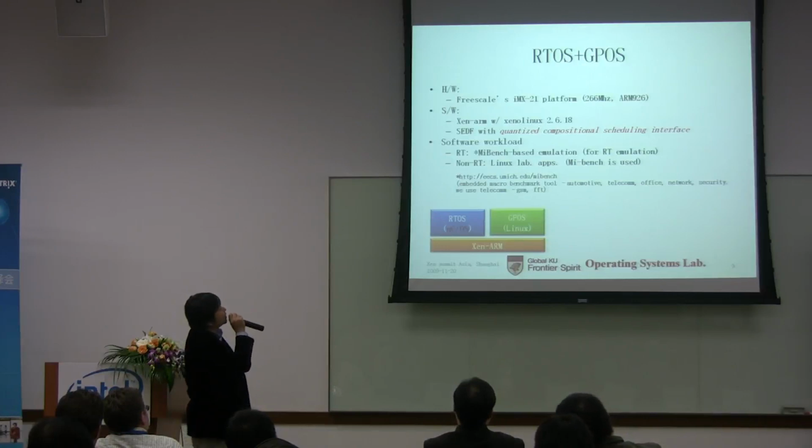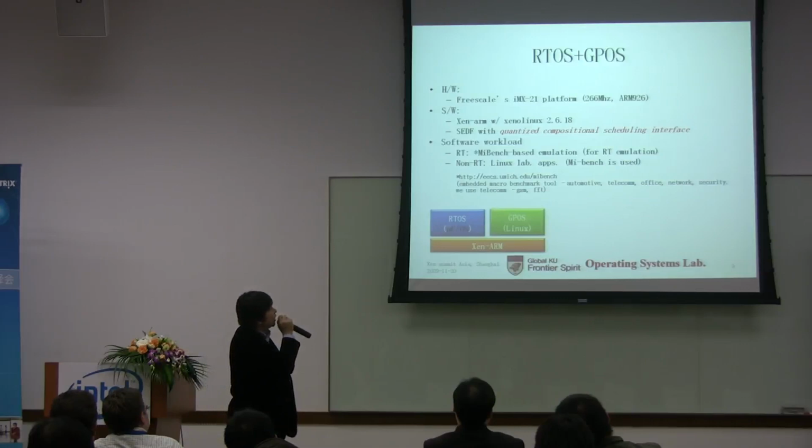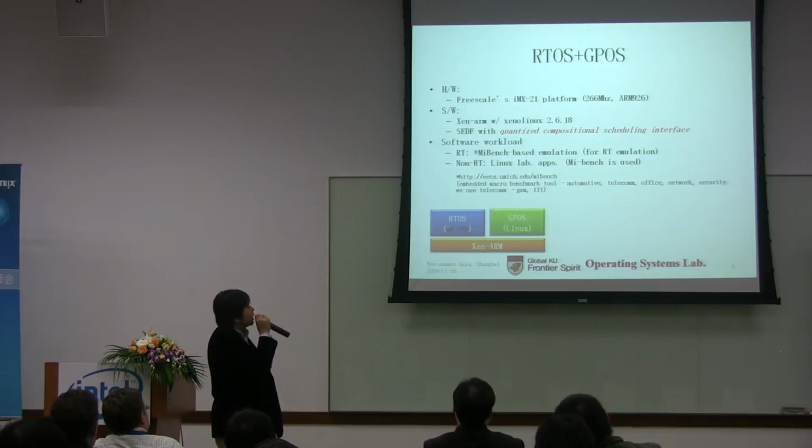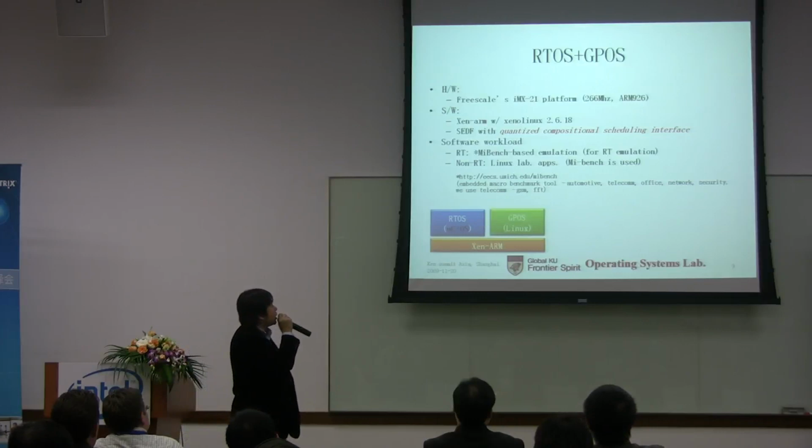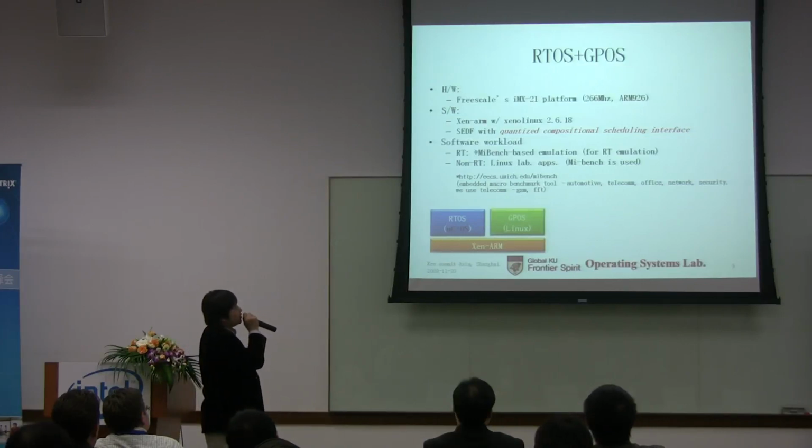And software is set up with general Linux 2.6.18. And we use SCDF with compositional scheduling interface. And our current software workload is MiBench-based emulation for real-time. And for non-real-time application, we just use Linux lab applications.